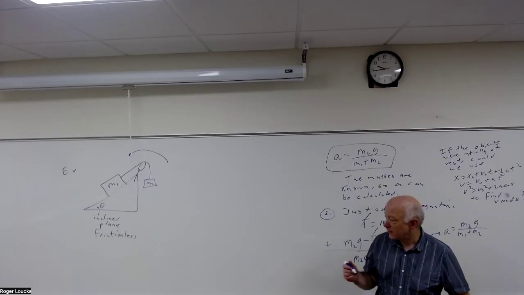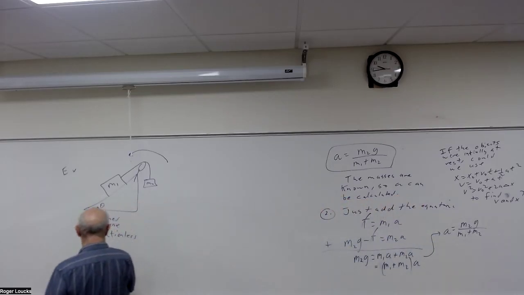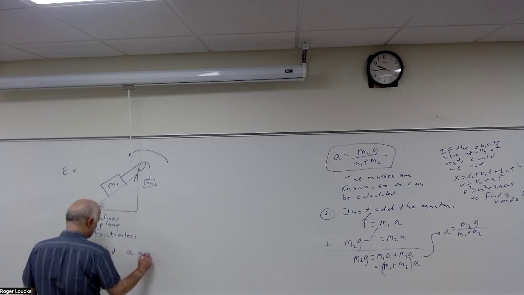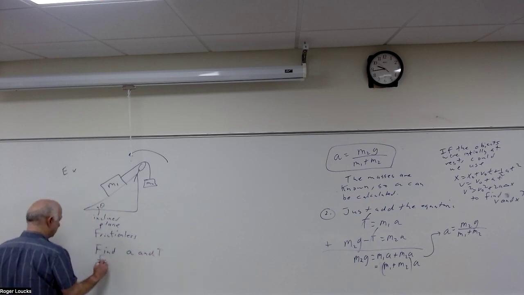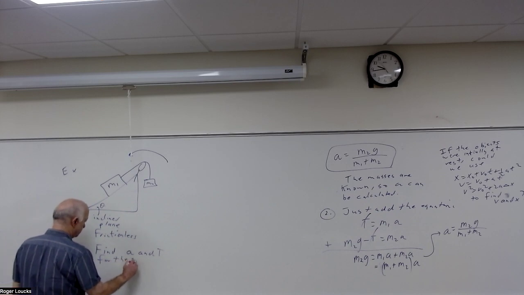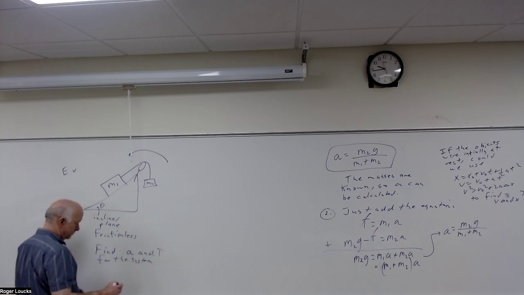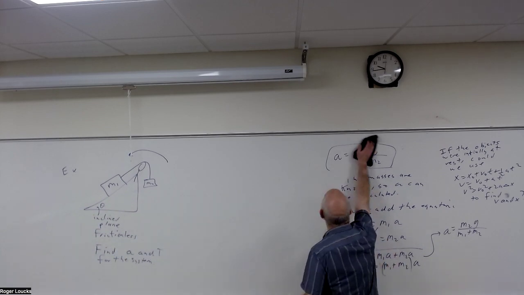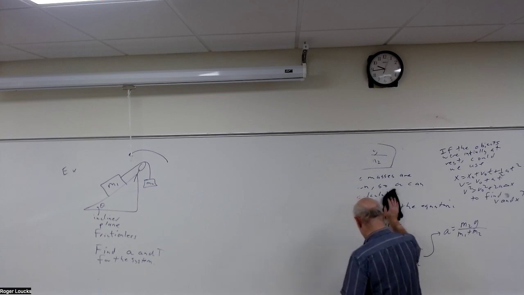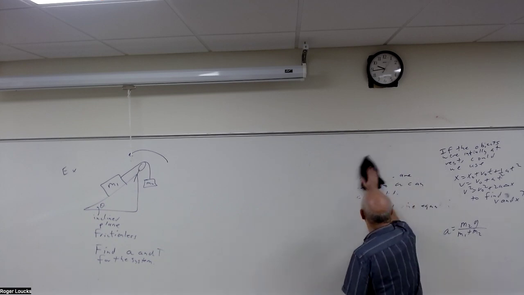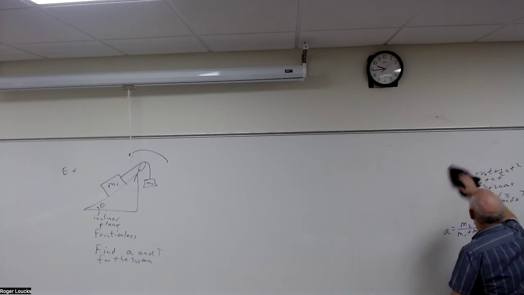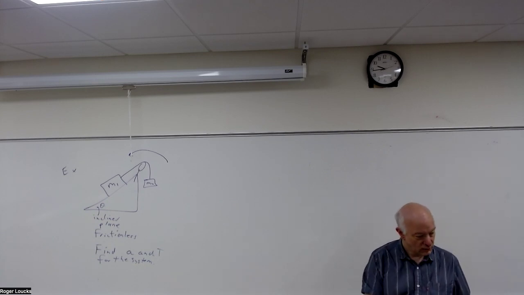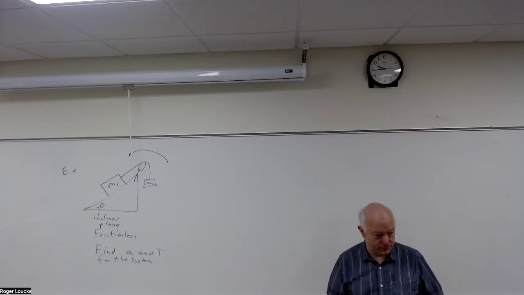Okay. I want to find A and T for the system. Okay, you tell me how to proceed. Draw your free body diagram. Now, why would you know to do that?